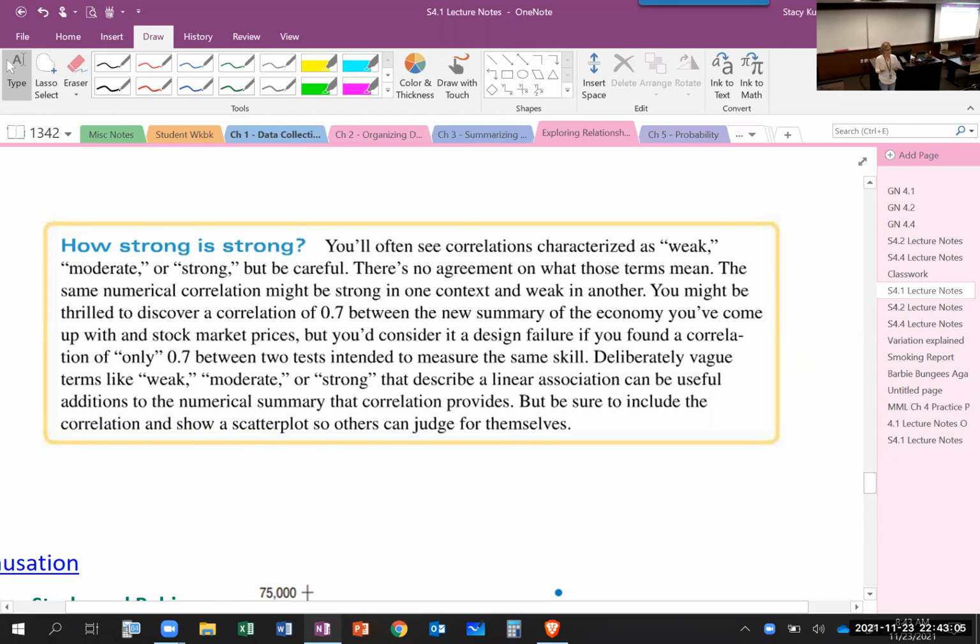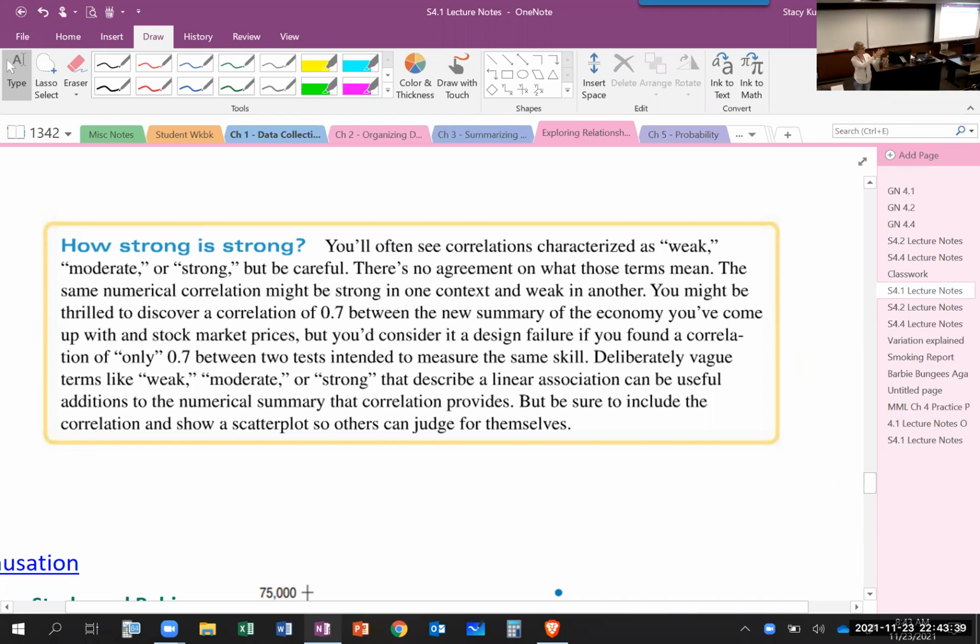description for strong, weak, whatever, based on your R value can really depend on your study and maybe even what field you're in. So like an R value of maybe 0.4, which could be considered really strong in the liberal arts or the social sciences, like social work and psychology, criminal justice, she had said, all of those things, that might be a strong relationship in that field.